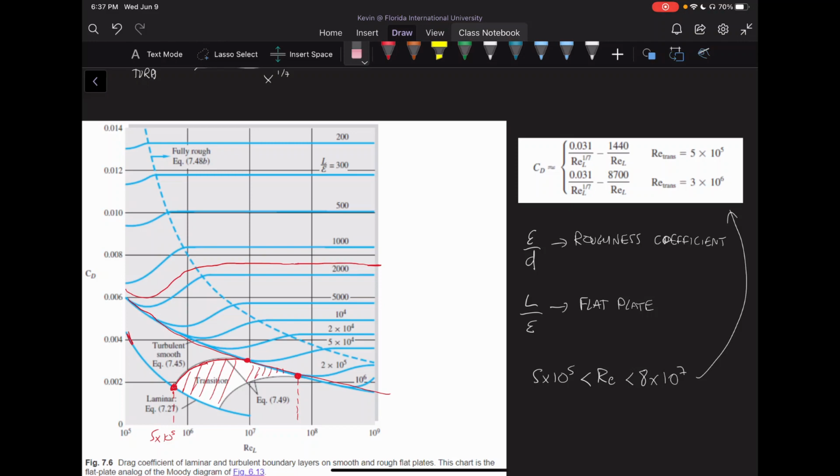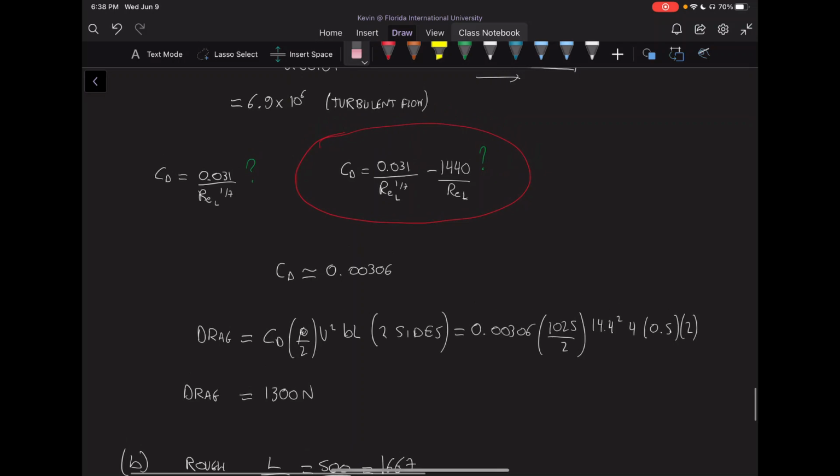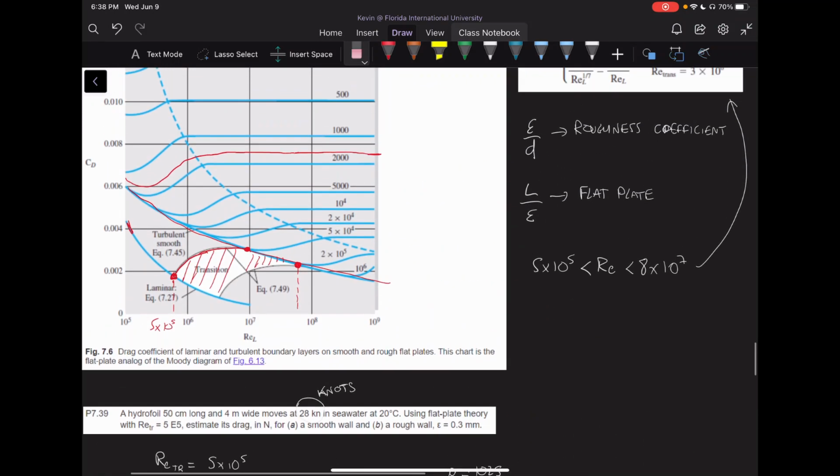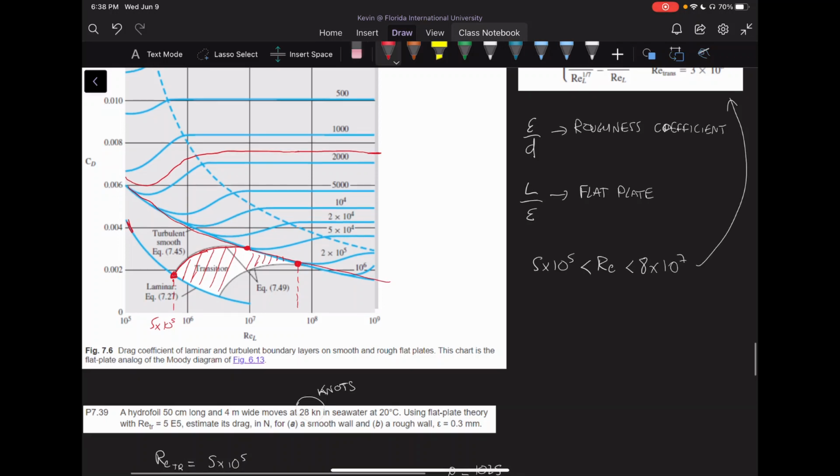So the roughness actually has a very big effect on the flow. Using figure 7.6, we can now find our CD directly from the figure. We can say that CD at the Reynolds number that we calculated, 6.9 times 10 to the 6, is somewhere around here.